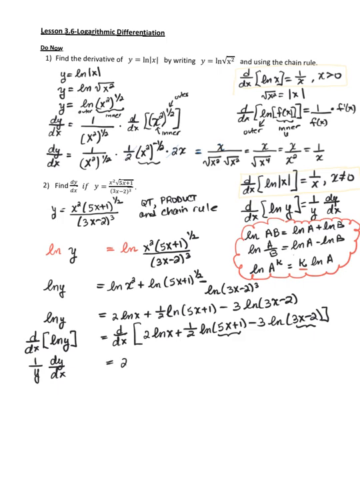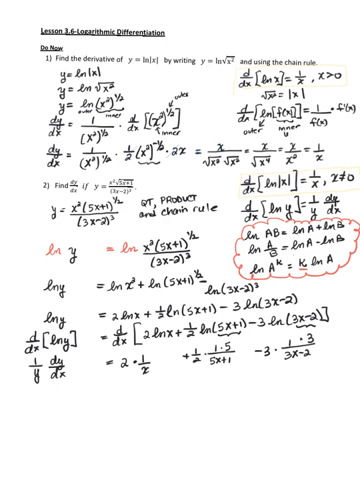So we bring down the scalars, we don't need a product rule, and we differentiate. So the derivative of the natural log of x is 1 over x. The derivative of the natural log of 5x plus 1 is 1 over 5x plus 1 times 5, because that's the derivative of the inner function. And the derivative of the natural log of 3x minus 2 is 1 over 3x minus 2 times 3.